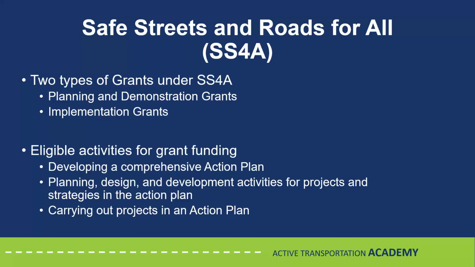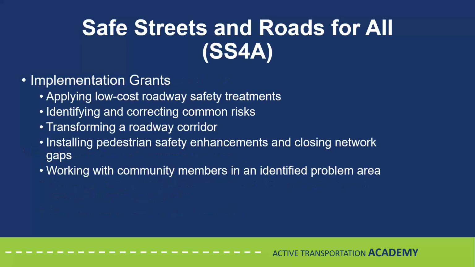Communities can use those action plan grants to develop or complete an action plan or to conduct supplemental planning activities. Then on the implementation grant side, there's a variety of example activities that includes applying low-cost roadway safety treatments, identifying and correcting common risks, transforming a roadway corridor, installing pedestrian safety improvements and closing network gaps, and working with community members in an identified problem area.